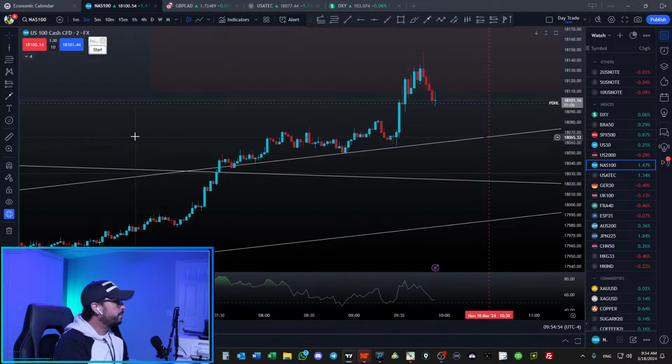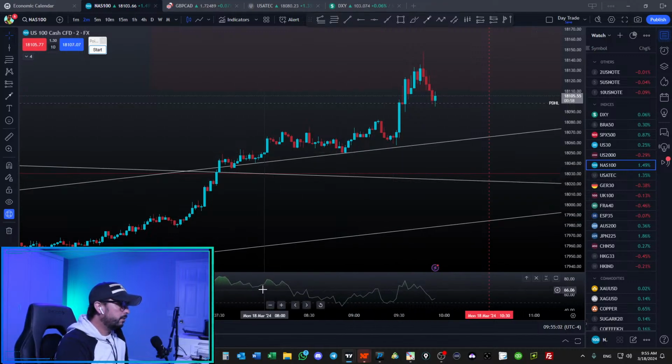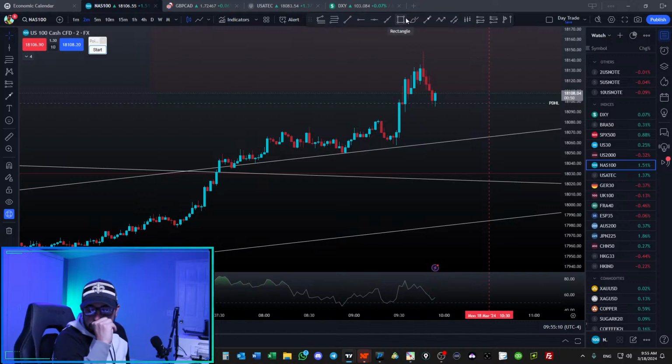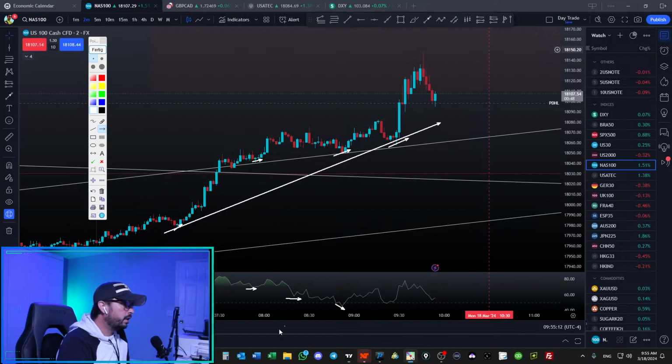The RSI helps with just not looking for oversold or overbought, just looking at how the trend is, if it's strong or weak. So if the chart is making highs, keep making highs, lower highs, and the RSI is making lower lows, that's a divergence, and that means the trend could be weak.